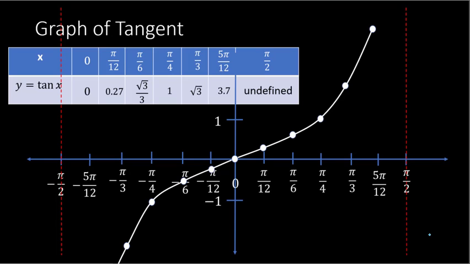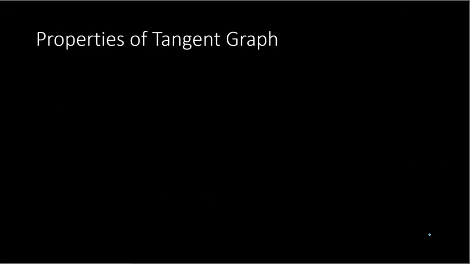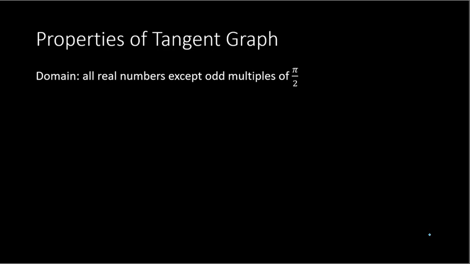Now let's talk about some properties of the tangent graph. The domain would be all real numbers except odd multiples of pi over 2, because that is where your asymptotes are located. We can verify that if we think of tangent as sine over cosine. With a fraction like this, the cosine of x cannot equal 0.